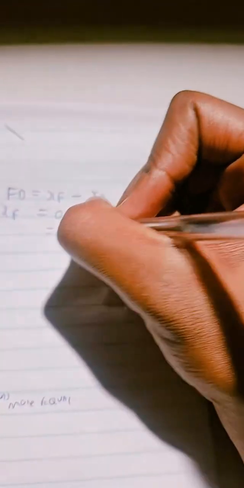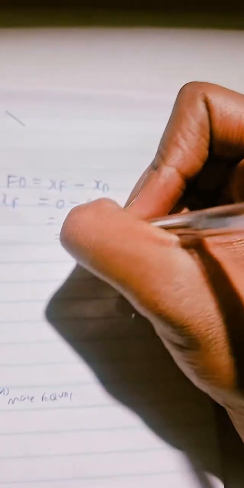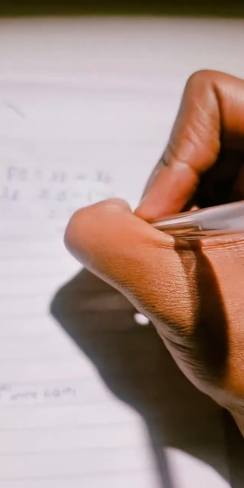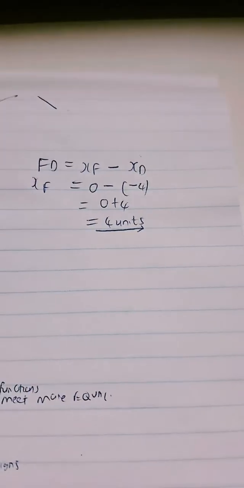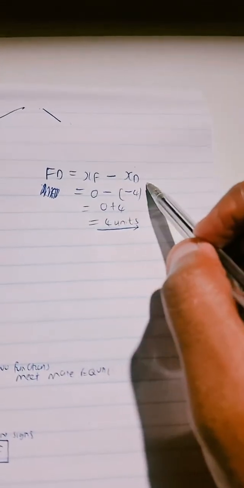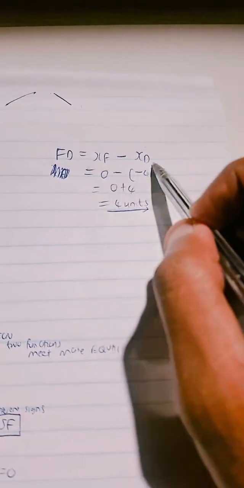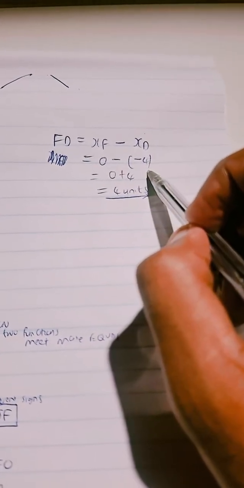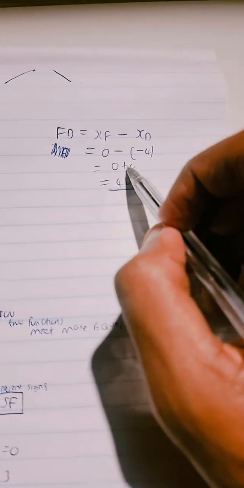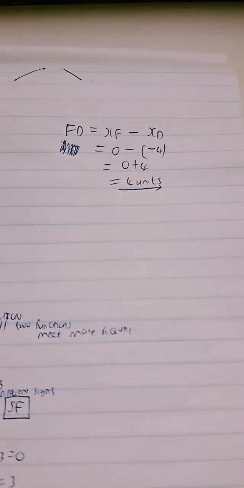So we say 0 minus minus 4, that is 0 plus 4, which is 4 units. DF is equal to xF minus xD, the negative times the negative is a positive, 0 plus 4 is 4 units.